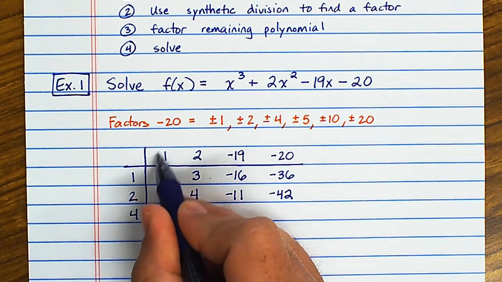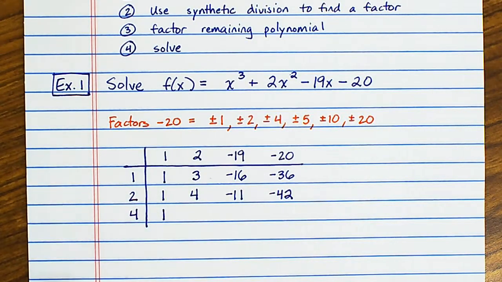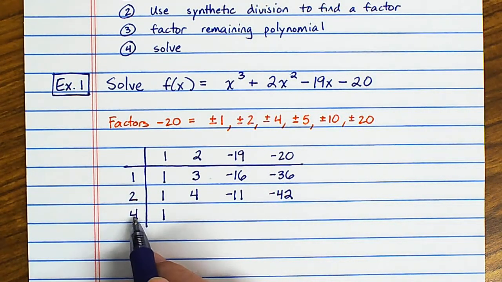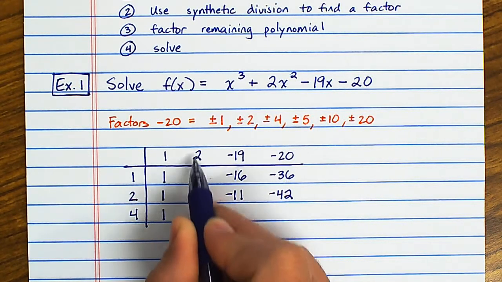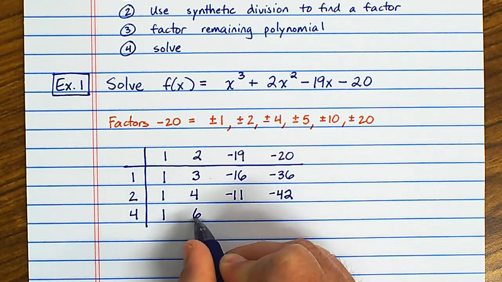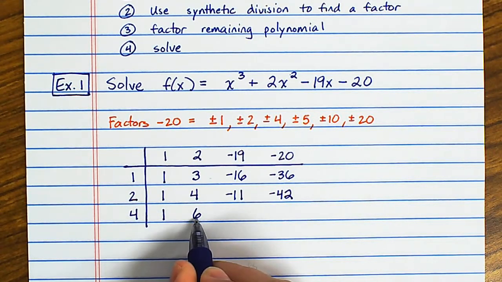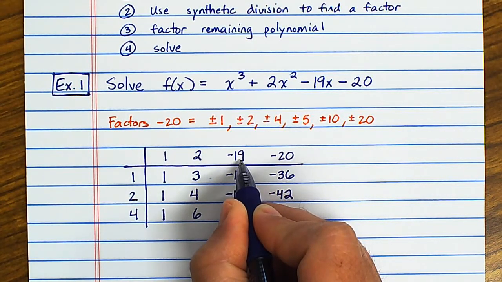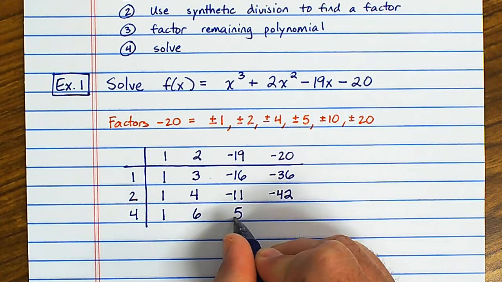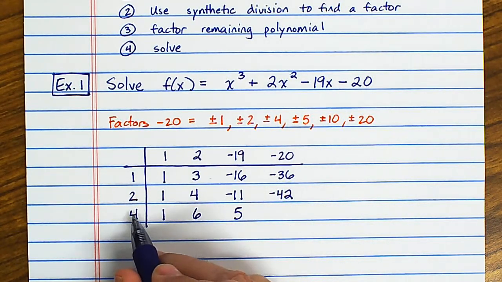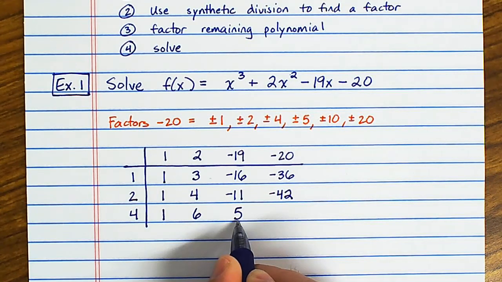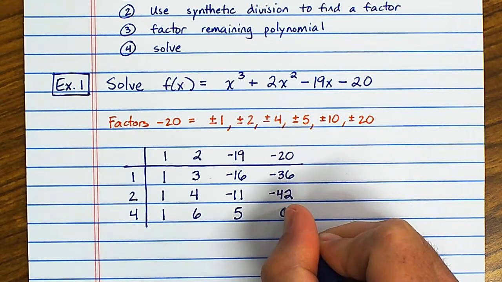The first term up here is a 1. I'm going to drop it down. 4 times 1 is 4, plus 2 is 6. 4 times 6 is 24, plus negative 19 is 5. 4 times 5 is 20. 20 plus negative 20 is 0.